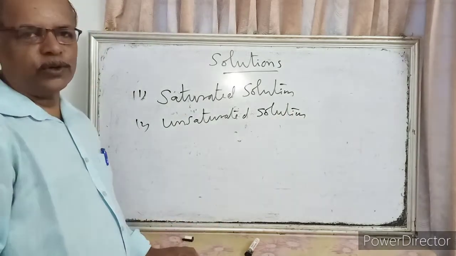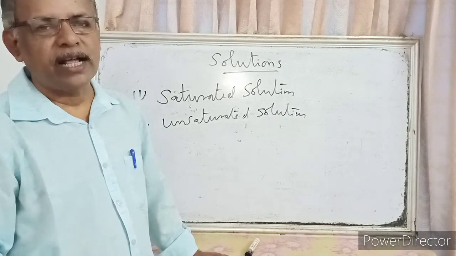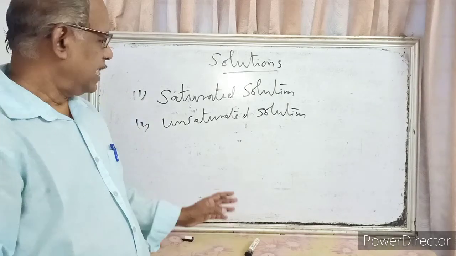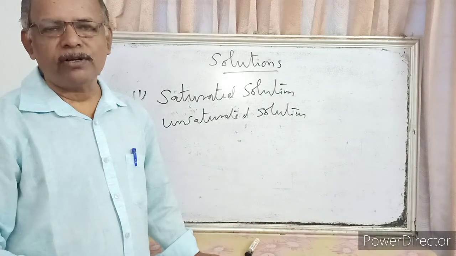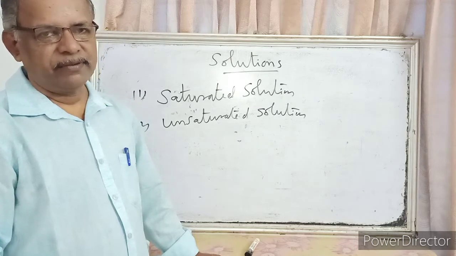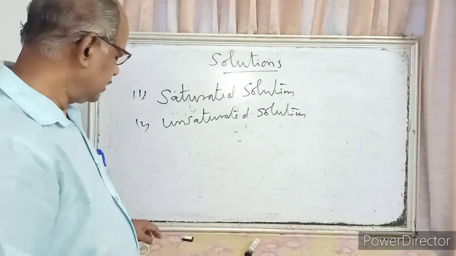A saturated solution is one which contains as much amount of solute as it can dissolve at that temperature. And an unsaturated solution is one which can dissolve more solute in the solvent at that temperature. That is the saturated solution and unsaturated solutions.